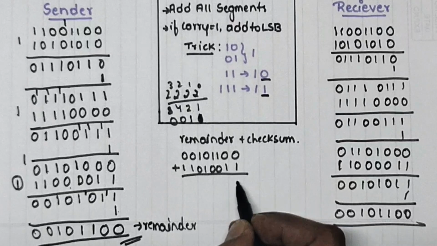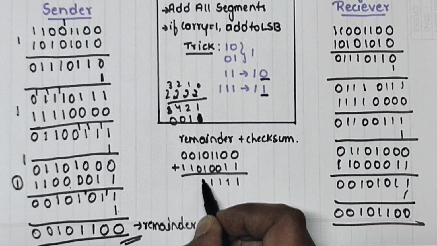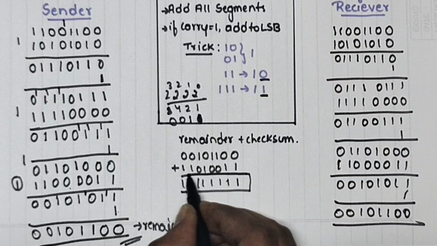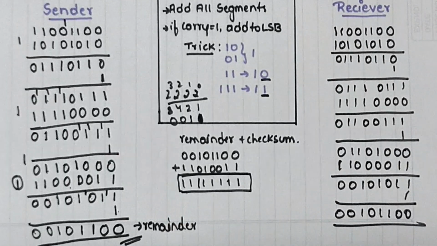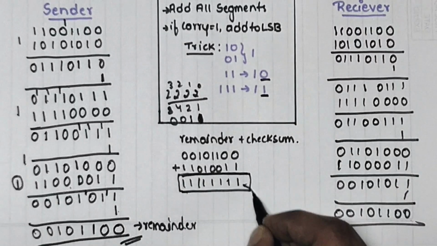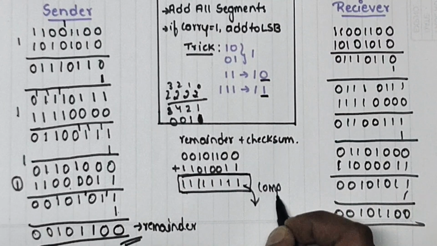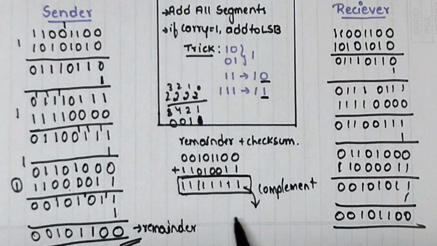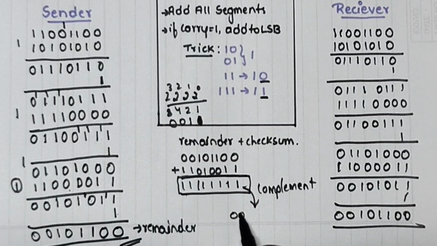Now if you add them, you get 1, 1, 1, 1, 1, 1, 1, 1. So all of them after adding the checksum and remainder, we got the answer as 1s. So now what you must do is you must complement it. When you complement it, it will be equal to 0, 8 zeros.